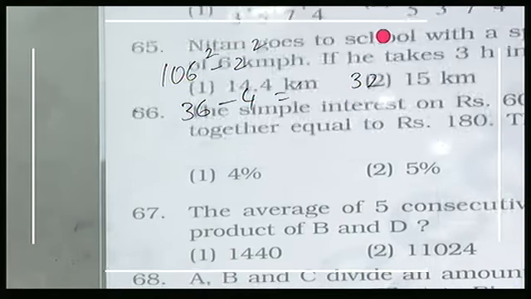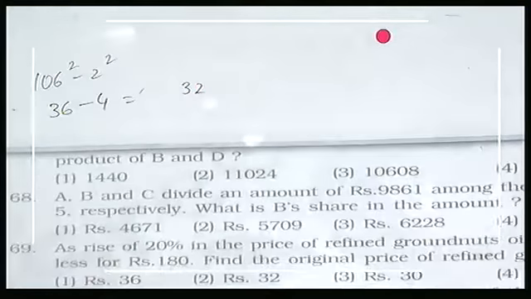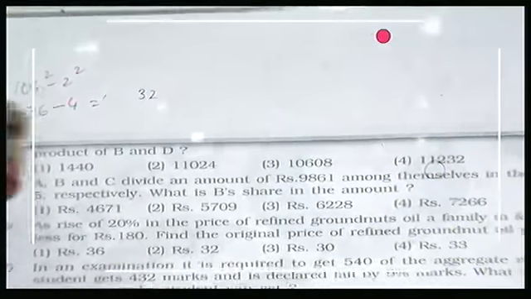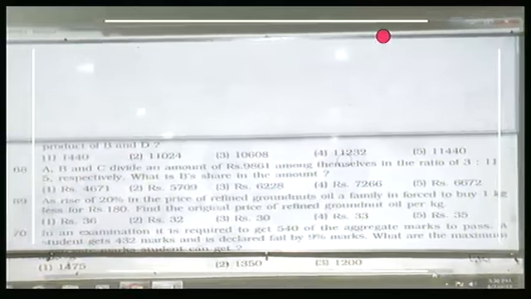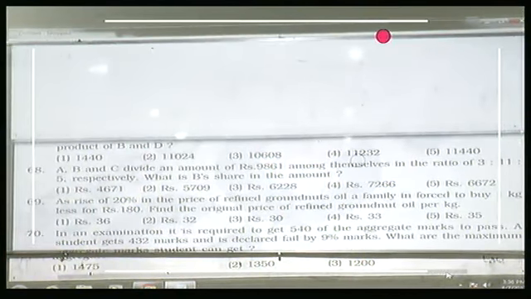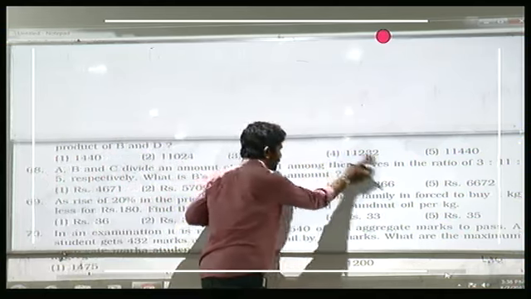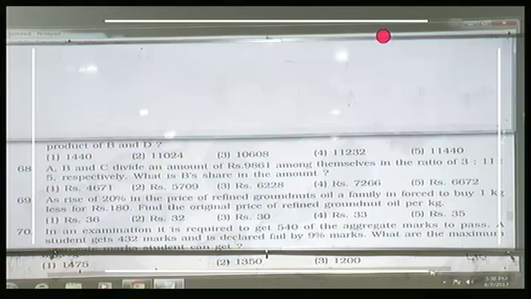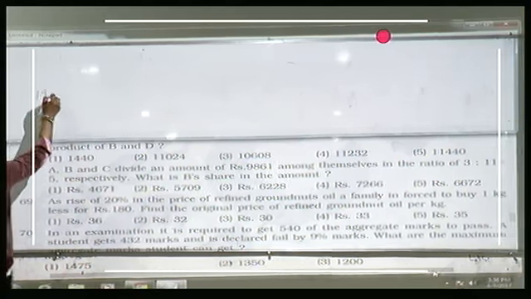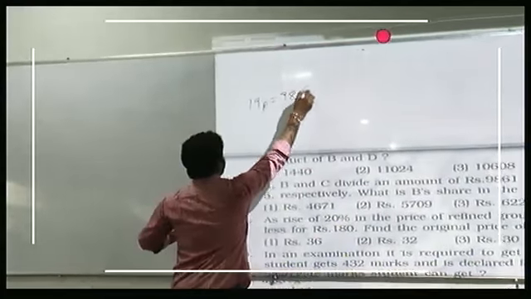Next, 68. A, B, C divide an amount of 9,861 among themselves in the respective ratio 3:11:5. In total, how many parts do we have? 19 parts is equal to 9,861.